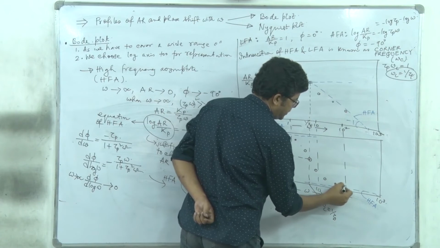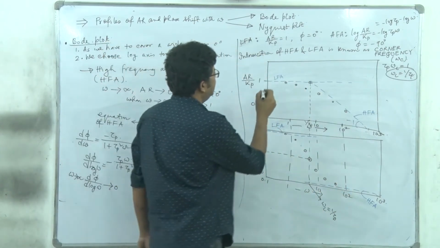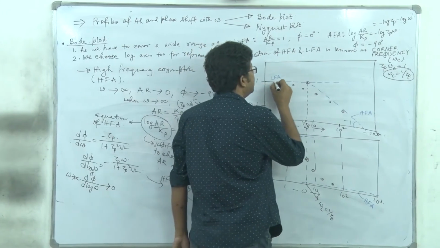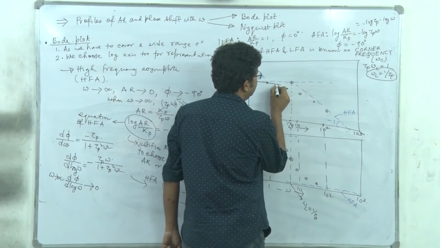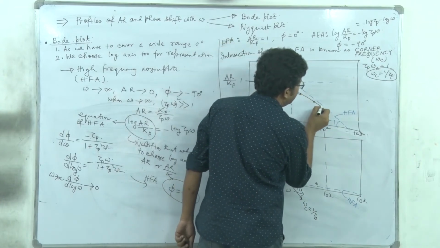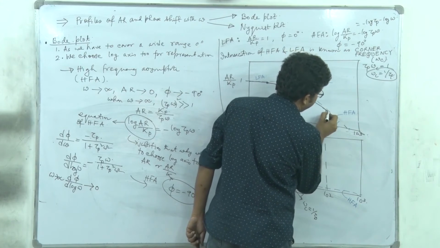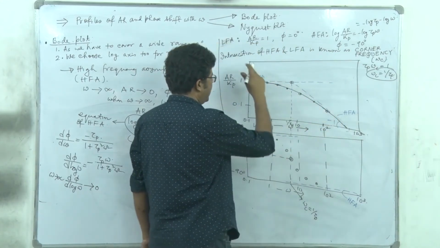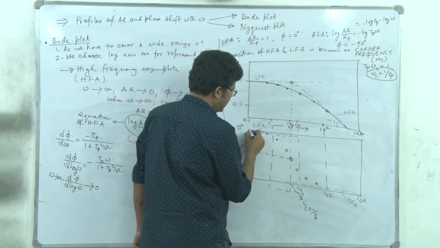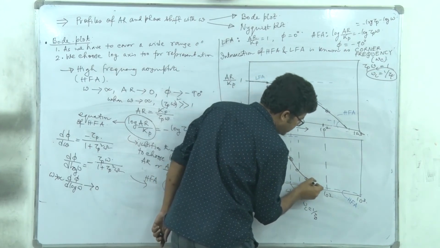So a few points we have evaluated, and you see now if I join them by a smooth line, which converges finally to the asymptote, I will get this sort of curve for the amplitude ratio plot, and here it will be like this.